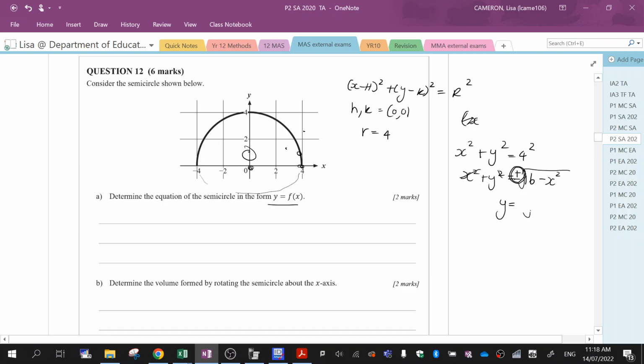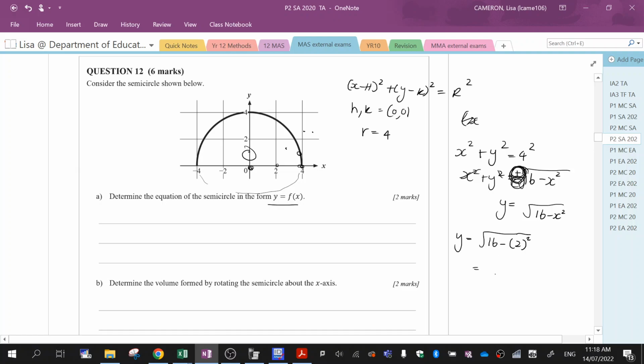Okay, so we're going to think about this a little bit more carefully. If I want this to be a semicircle, I have to think about what happens in the positive case and the negative case. So here, if I let x equal, let's say, 2, then y equals the square root of 16 minus 2 squared.